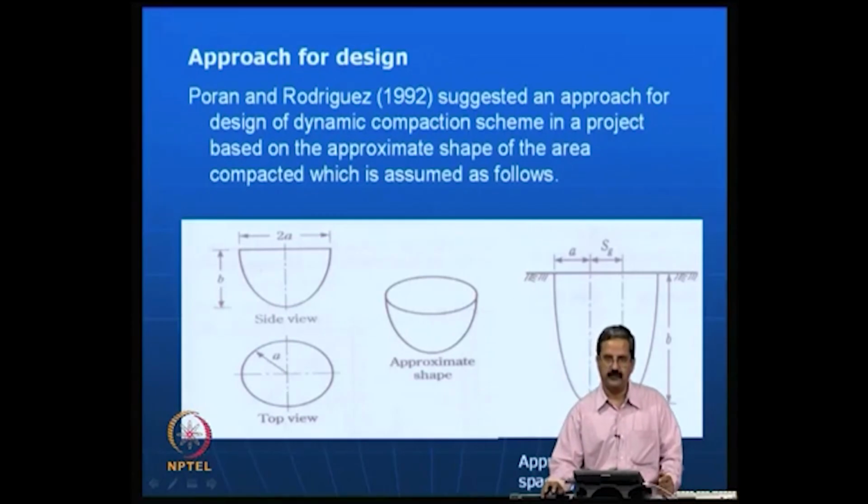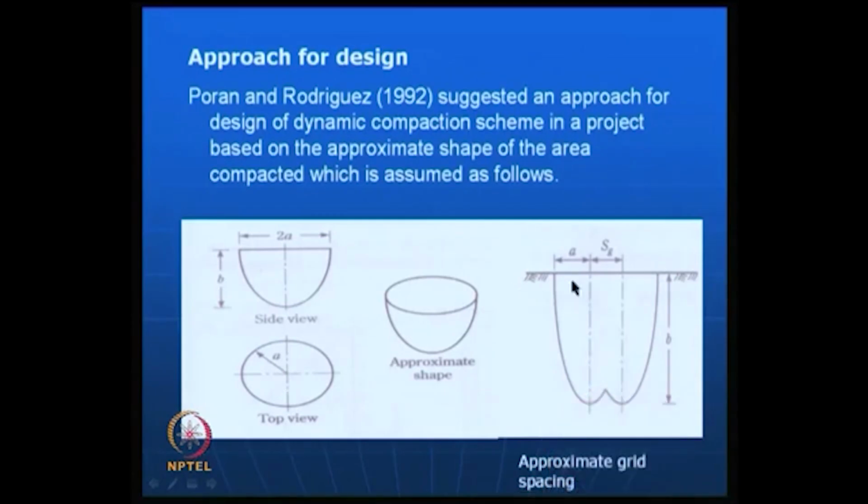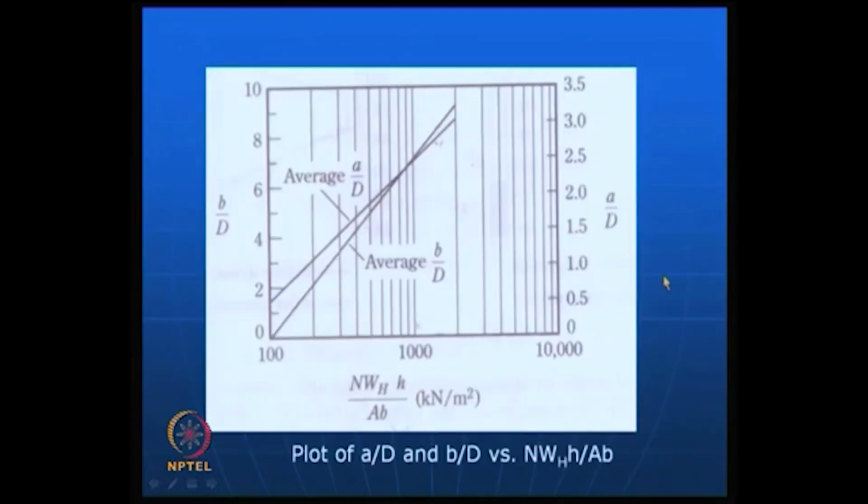You have a compaction here, and a compaction here, the spacing S is the spacing, and A and B are the parameters. Say B is the depth of the soil that you would like to densify, and A is the diameter. We will see some of these parameters.